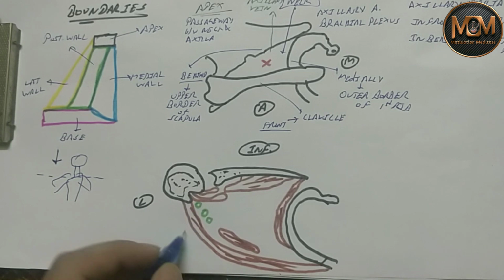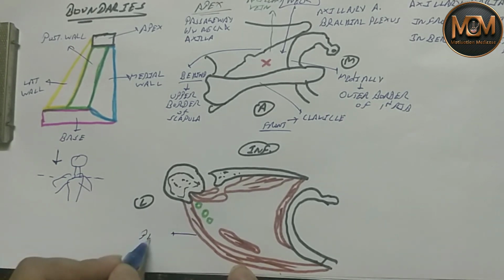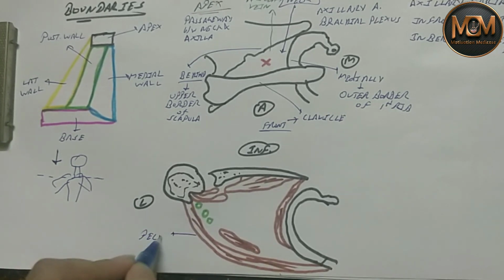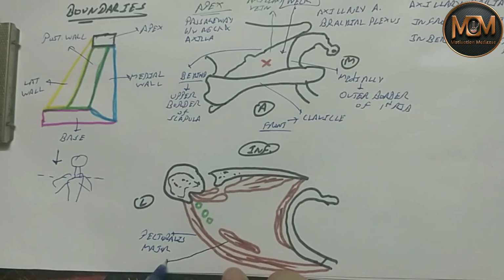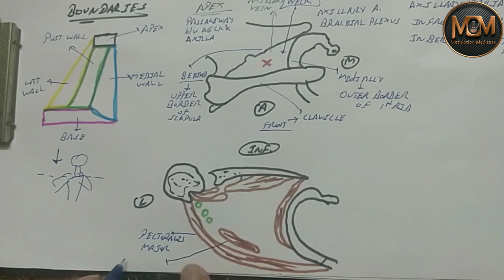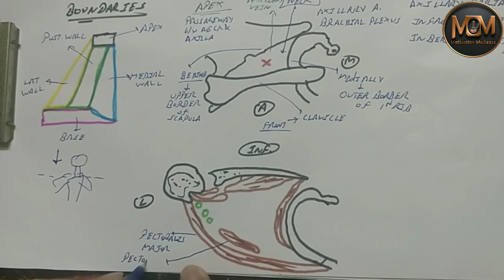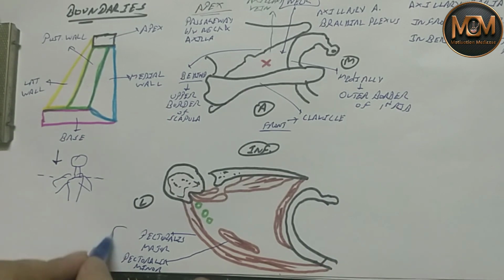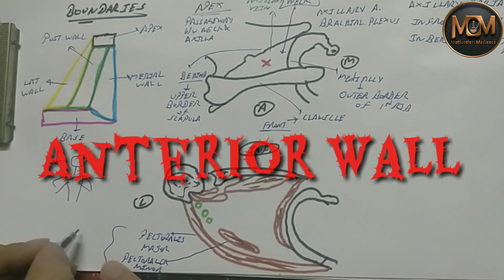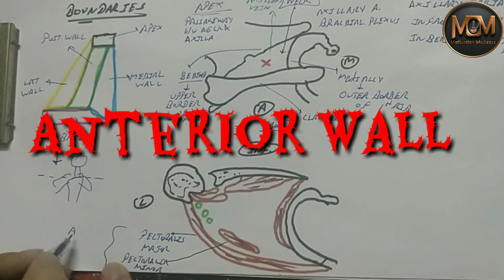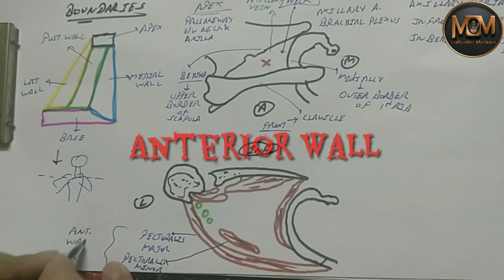And see, this is pectoralis major, and this is going to be pectoralis minor. So this pectoralis major and minor are going to form the anterior wall.